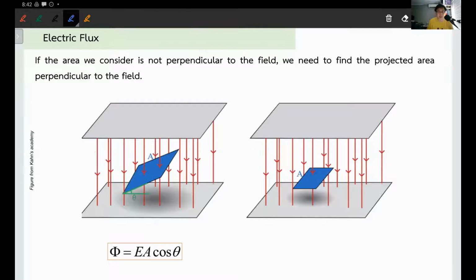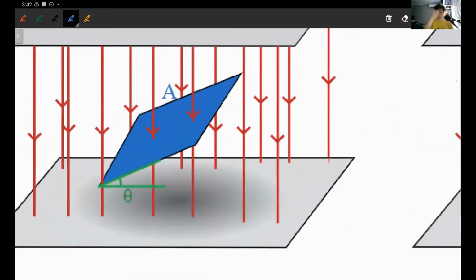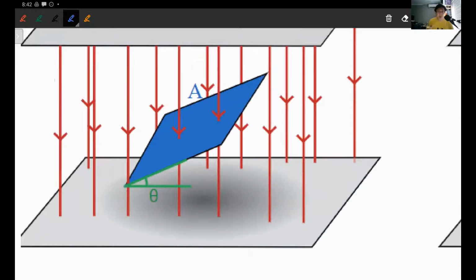Look at this. Now if you have the electric field pointing perpendicular in the vertical direction, and your area is making some angle to it, there is another perspective to look at this scenario. It turns out we focus on the electric field, but the area itself is not perpendicular to the field.